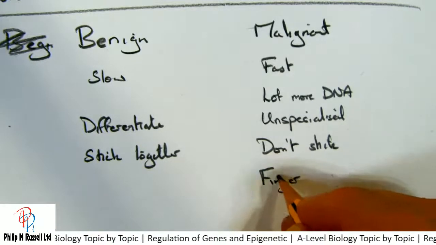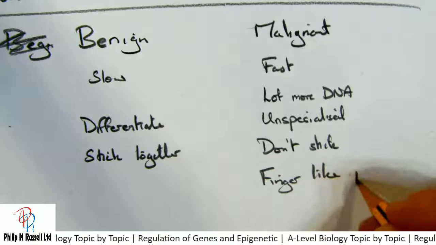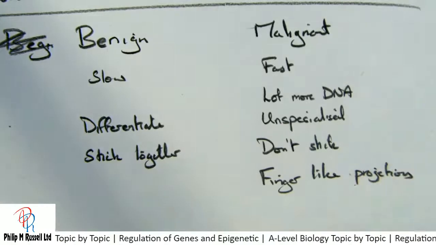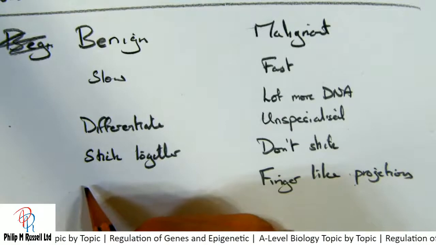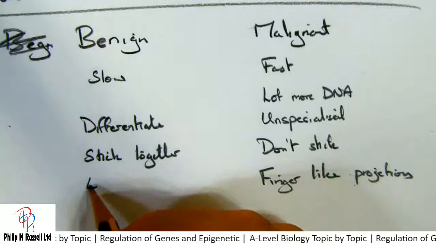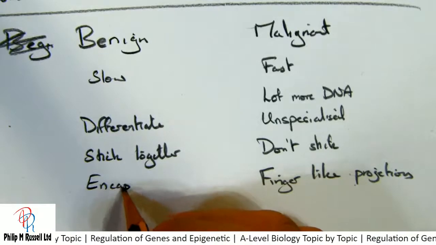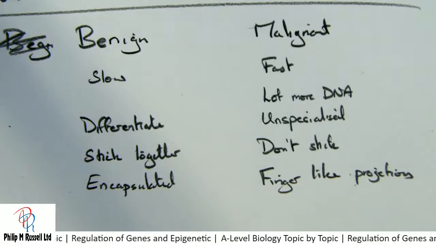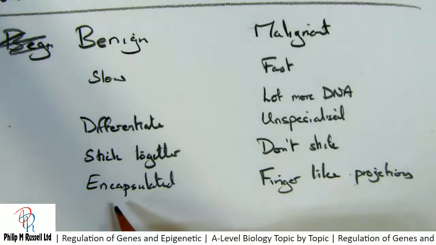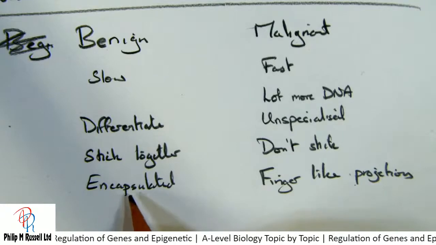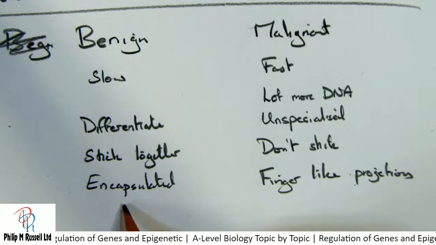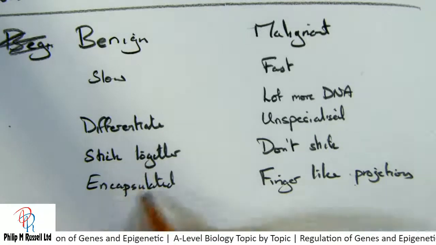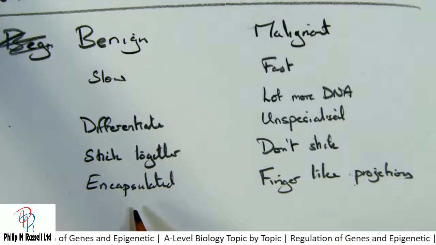So this has got the finger-like projections, and this is basically encapsulated. This means if you're trying to remove a benign tumour, quite often surgeons, rather than using a scalpel, use fingers, and they can literally pop out some of these benign tumours.